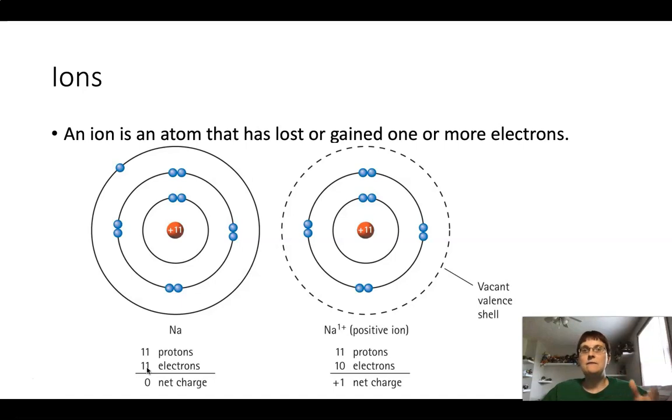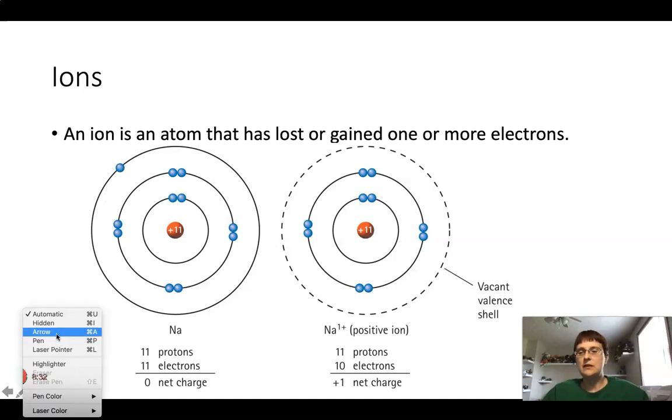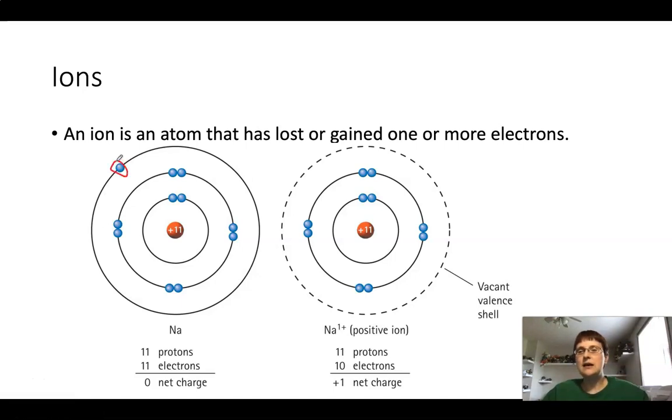One is it can find 7 electrons, or it can lose the 1. And it's easier to lose this 1. It's easier to take this guy and get rid of it than it is to try and find 7 to add in. And so that's what it does.